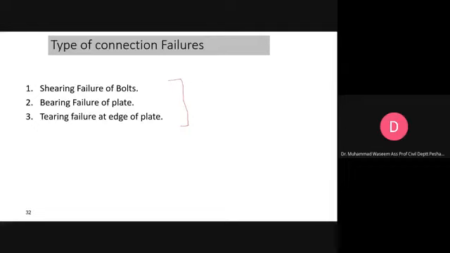In slip critical, once slip occurs in the connection, we assume that the connection has failed. Slip critical is converted to bearing type. These are the bolted connection types.